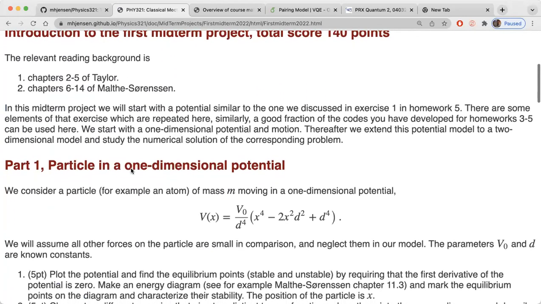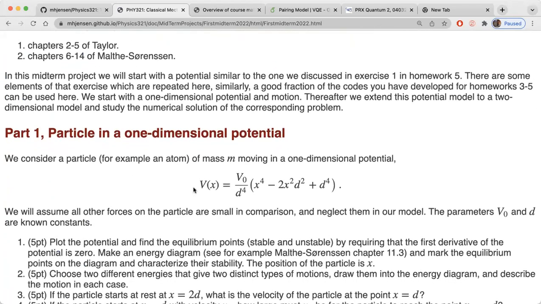When you look at the potential here, and you are going to write a code which simulates the motion here, remember that the force is minus the derivative of the potential. Because I've seen many of you, when you've been writing the code, you actually had some problems with the solutions being wrong because you forgot the minus sign. Okay, that's one thing.